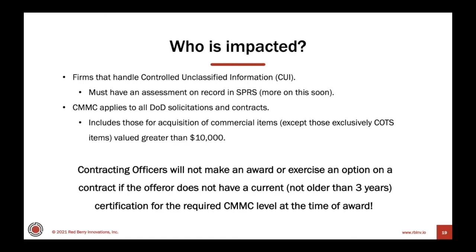Firms are required to comply with the required level at the time of the award. It is important to note the firm is not required to meet the level at the time of proposal or offer submission, so as to give them time to meet the required level if needed. However, after a contract award, it's too late to get the affairs in order.